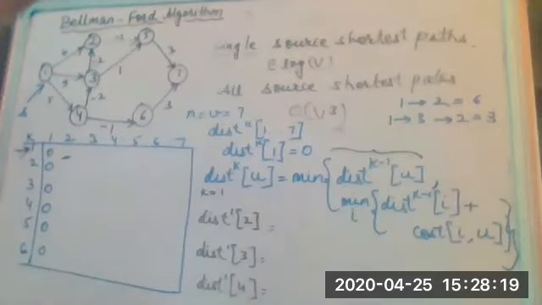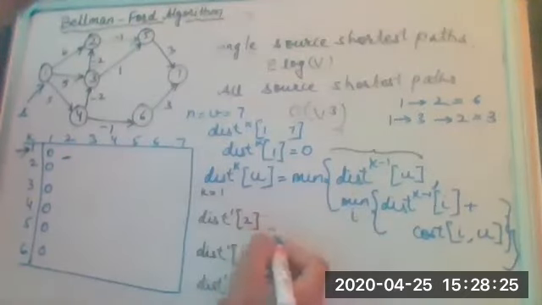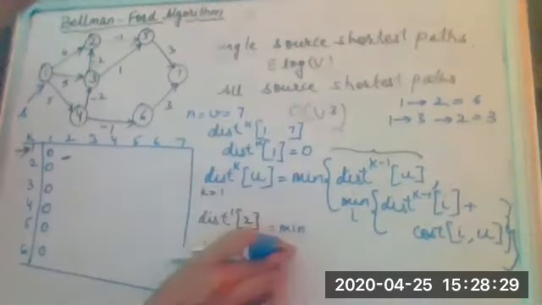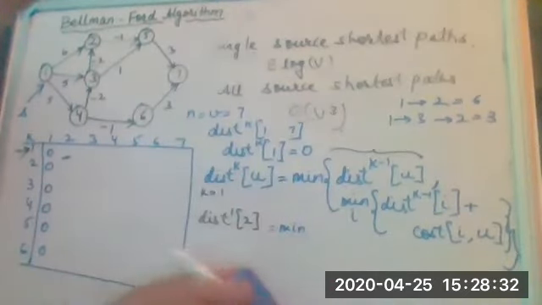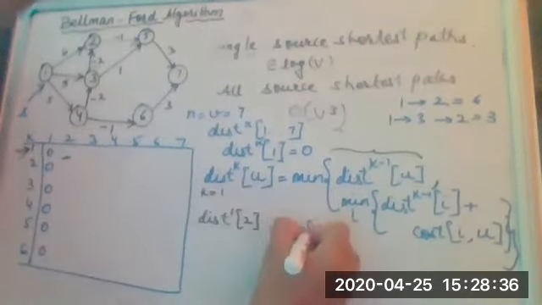Okay. So for this one, distance 1 of 2, if I have to find out for this formula, what I'm going to do is, let me just have more space to explicitly write this. So minimum of which value?